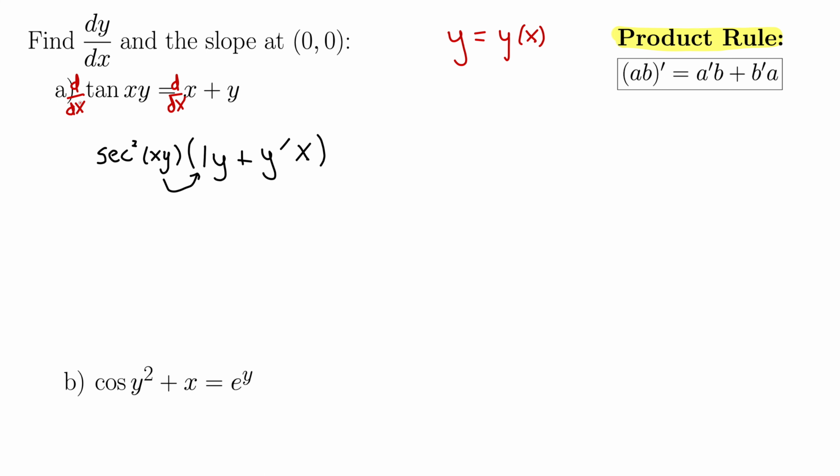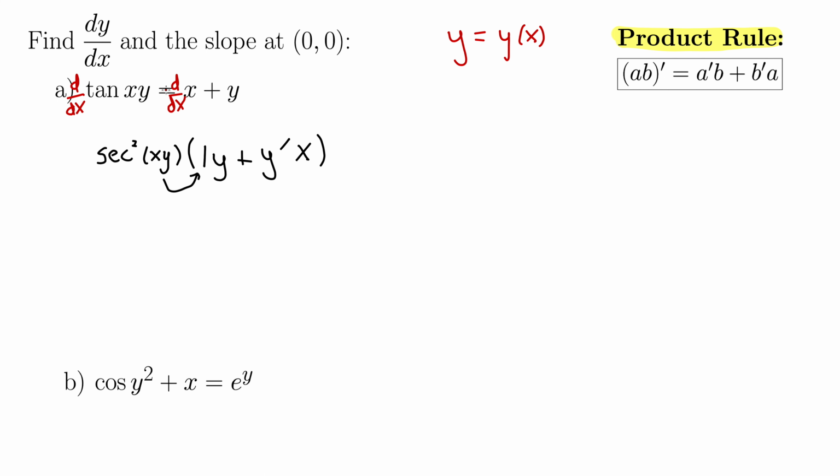In a nutshell, anytime this variable doesn't match the variable you're taking the derivative with respect to, you tack on a prime of that variable. That's the shorthand way of approaching implicit differentiation in this example and any other example.